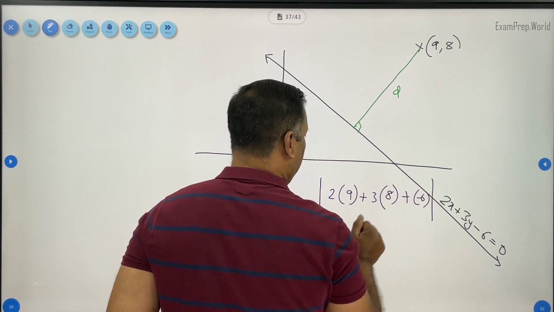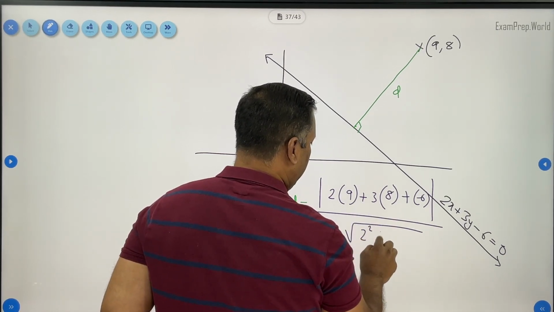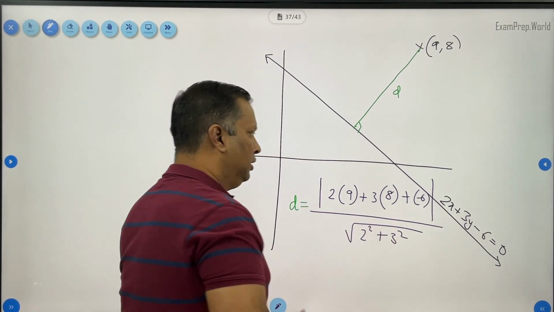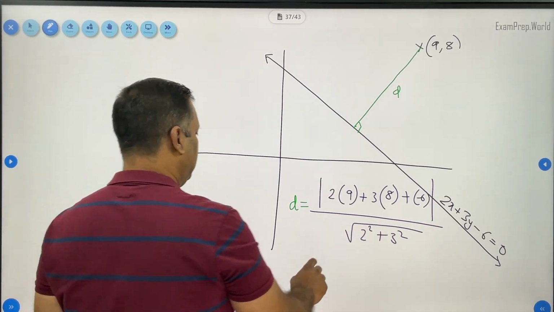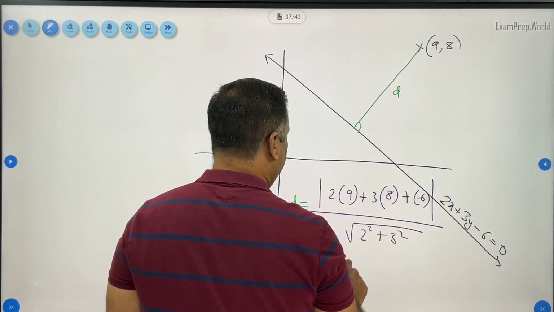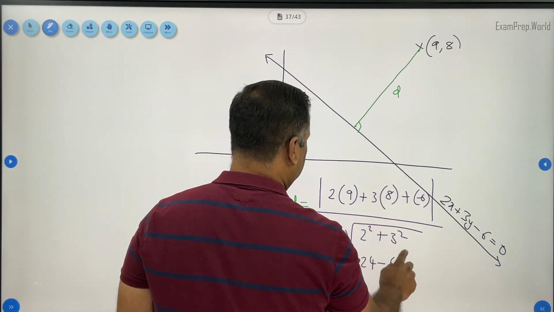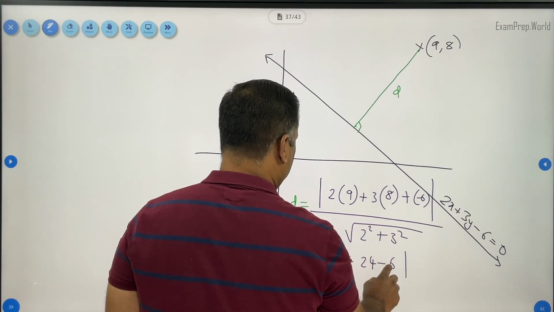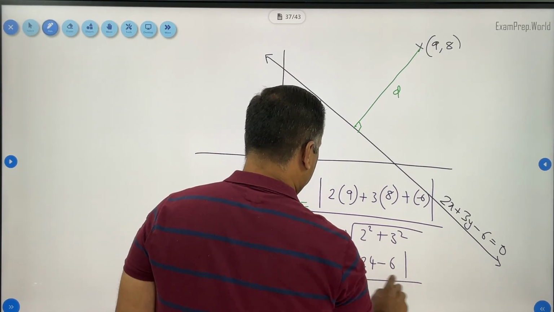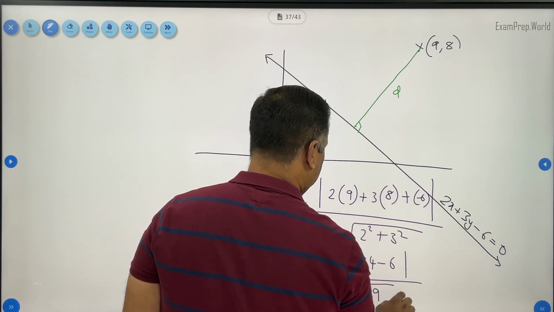Okay, mod value close, divide by root of 2 square plus 3 square. If you calculate this, you straight away get your answer. So it is mod of 18 plus 24 minus 6, 42 minus 6, 36, divide by root of 4 plus 9.